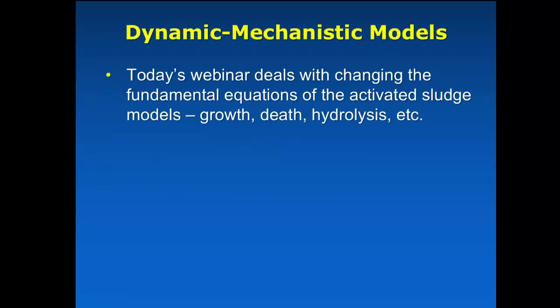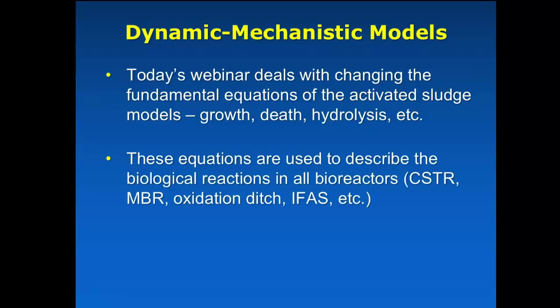Okay, so this is a little bit of review for those who may already know about how the ASM type models work. Now, just a little bit of terminology off the top here. Today's webinar and Model Developer as a tool deals with changing the fundamental equations of the activated sludge model. So the growth equations, the death equations, hydrolysis, and so on. These are really the equations that describe the biological part of the model, and it's essentially the same equations that are used in all of the different objects that you find in GPSX.